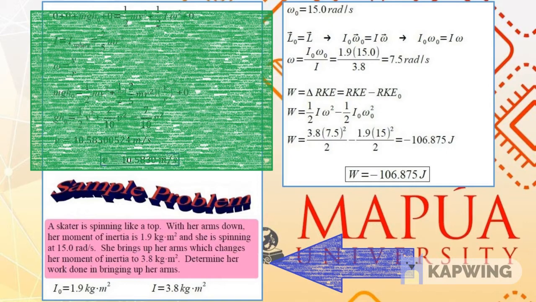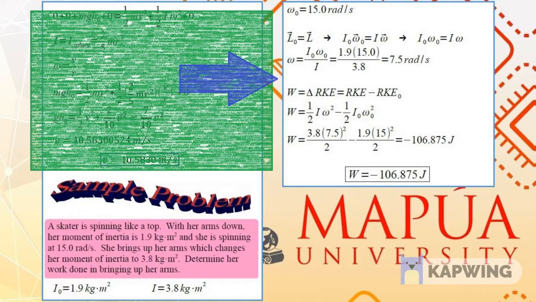In bringing up her arms, she changes her moment of inertia from 1.9 to 3.8. So we have I initial and I final. The skater's initial angular speed, omega initial, is 15 radians per second. Using conservation of angular momentum, L naught is equal to L. We have I initial omega initial is equal to I omega.